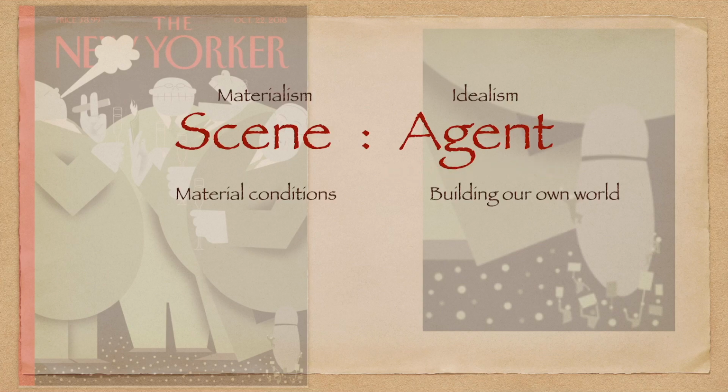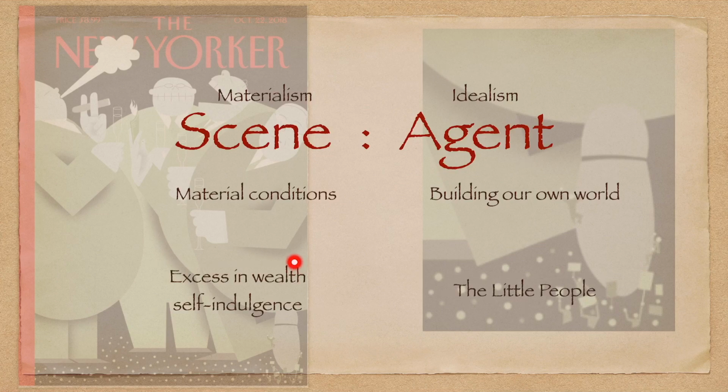Maybe what we're looking at is a situation where this excess in wealth and self-indulgence, that scene, is dominating the little people. It's crushing the little people at the bottom; they're standing on them, walking on them. The little people are the agent, and that's what is being dominated by scene more than anything else.